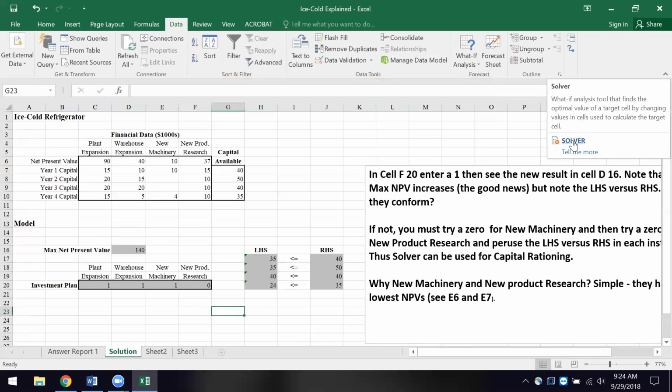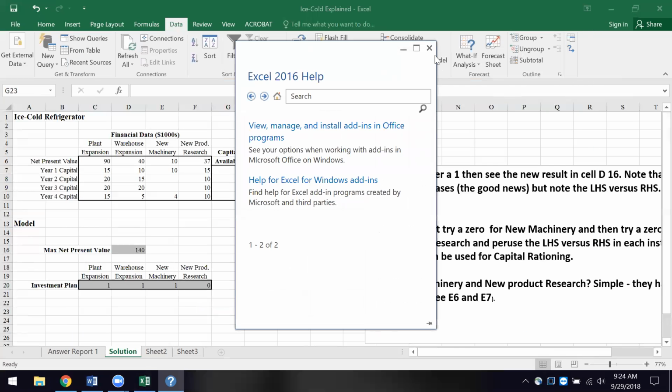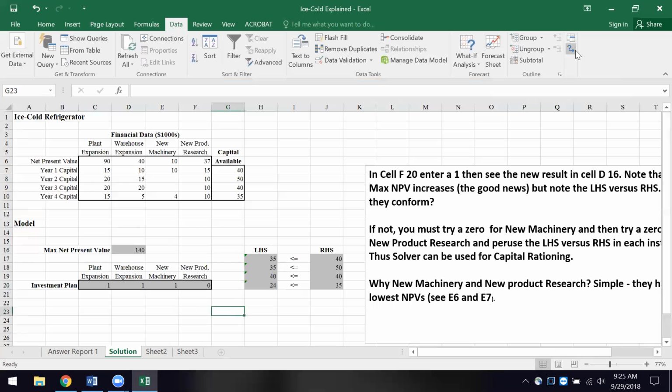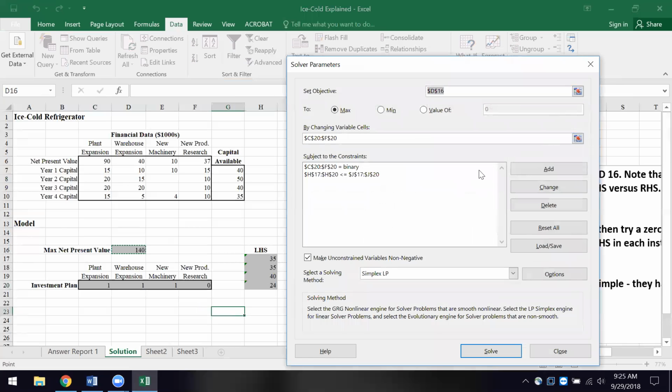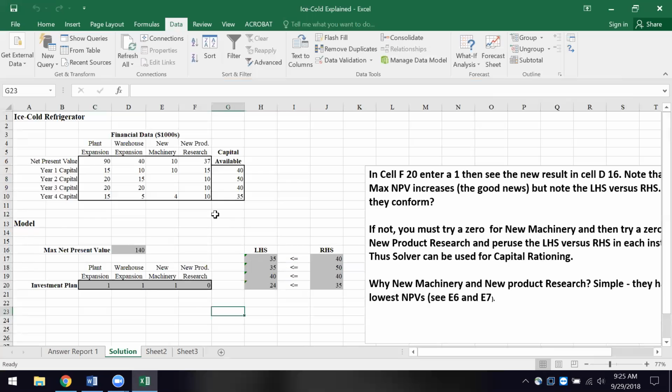So I'll run the solver again. All right, we'll solve for it. We should get the maximum.